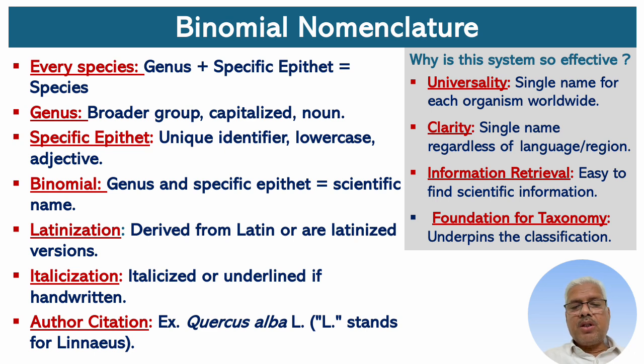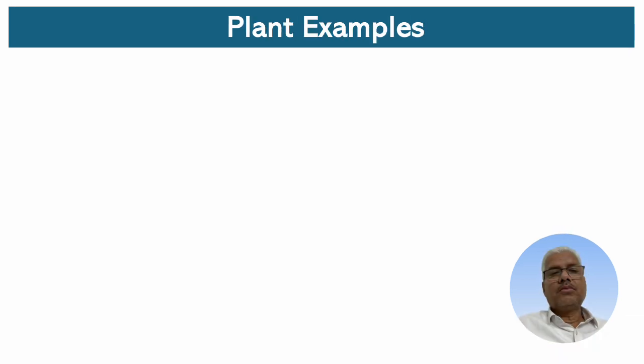The name of the person who first described and named the species is included after the binomial, that is the author citation. For example, Quercus alba L. Here the L stands for Linnaeus, who named the white oak as Quercus alba. Quercus is the generic name and alba is the specific epithet.